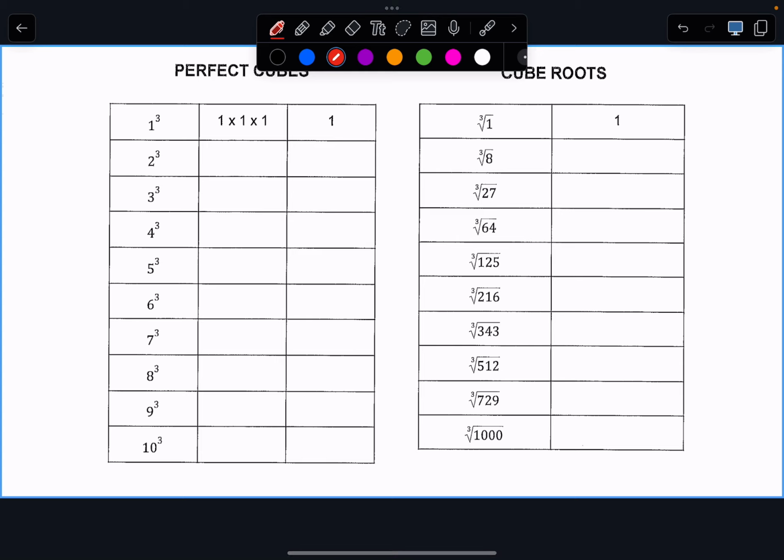1 cubed means 1 times 1 times 1, which equals 1. 2 cubed means 2 times 2 times 2, which is 8. 3 cubed means 3 times 3 times 3, which is 27.